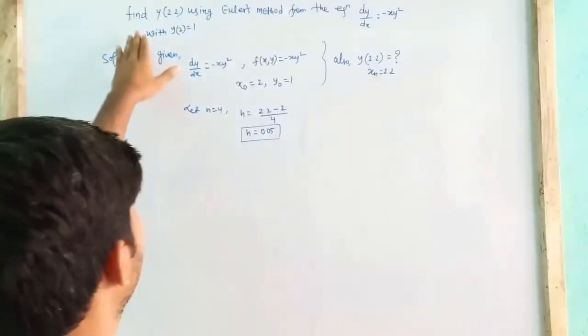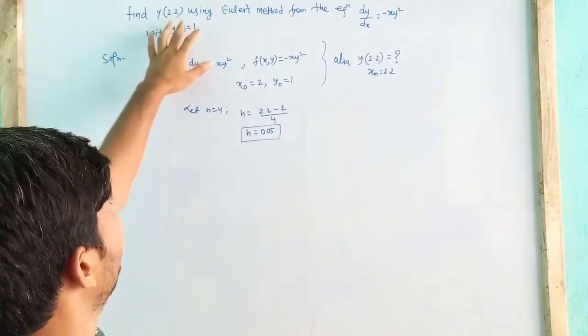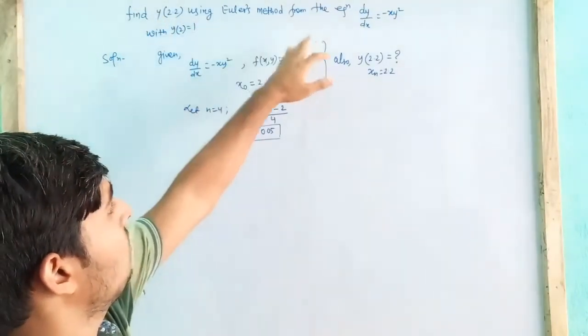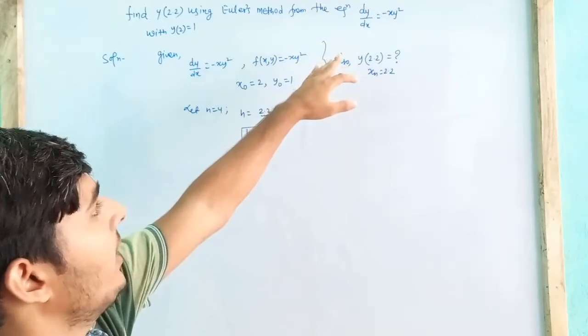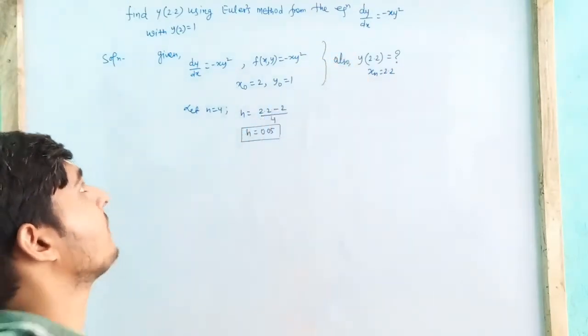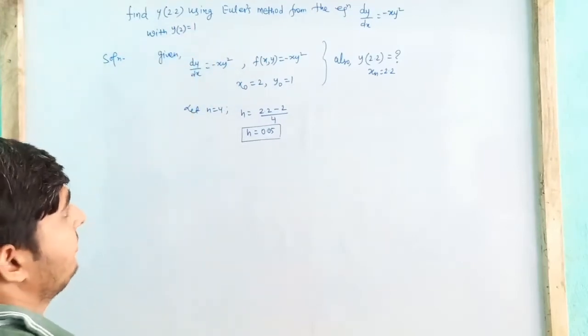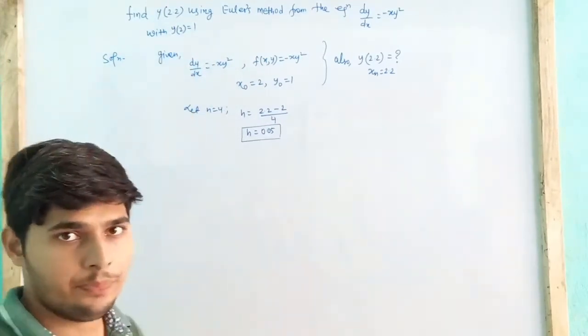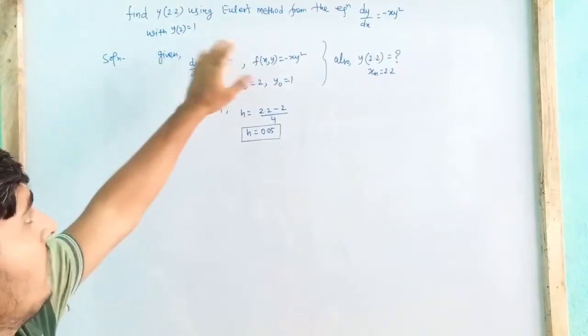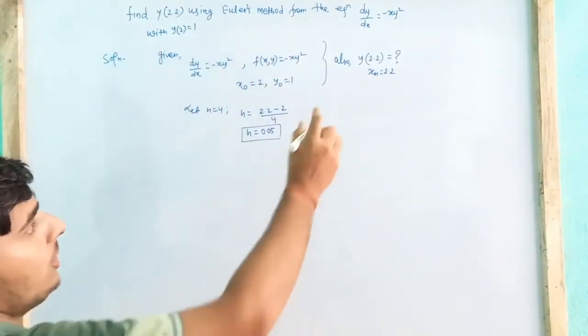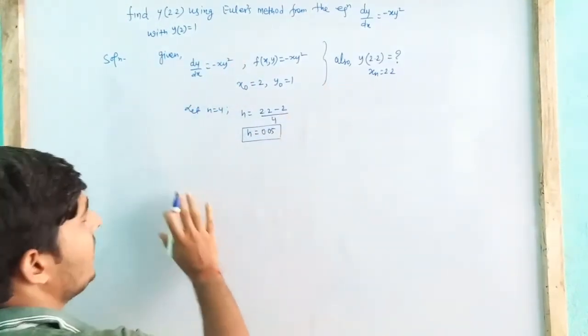The question is, find y of 2.2 using Euler's method from the equation dy by dx is equal to minus x y square with y of 2 is equal to 1. As in the lecture about Euler's method, we discussed that first of all in step 1 we need to identify the equation.